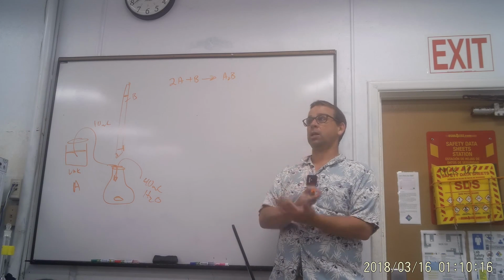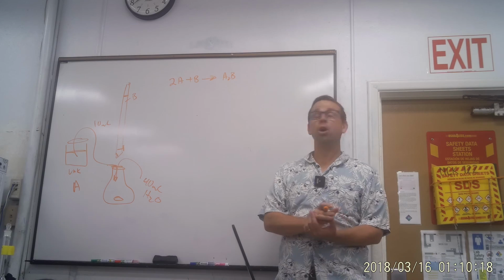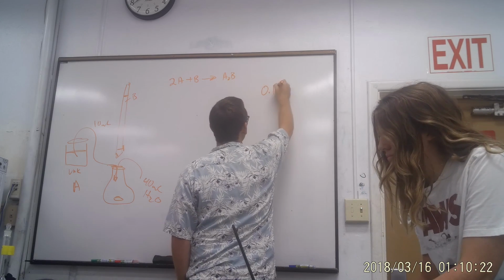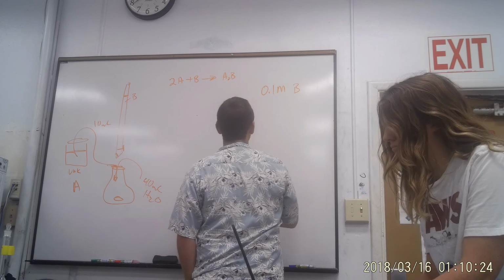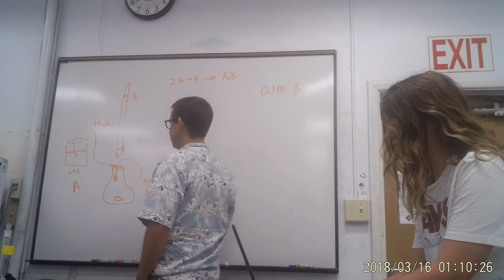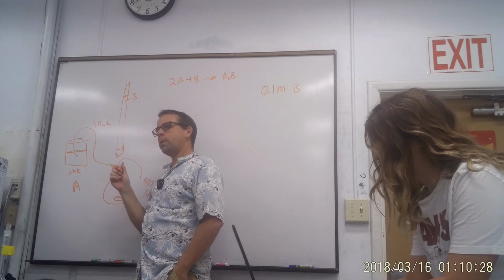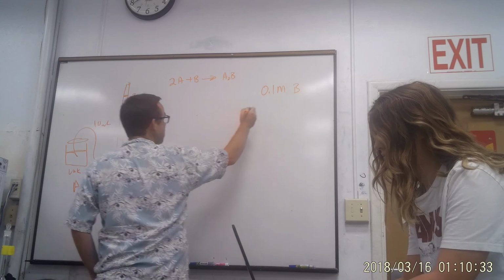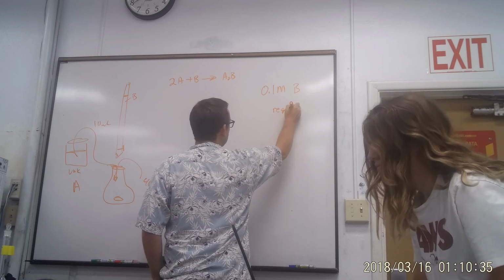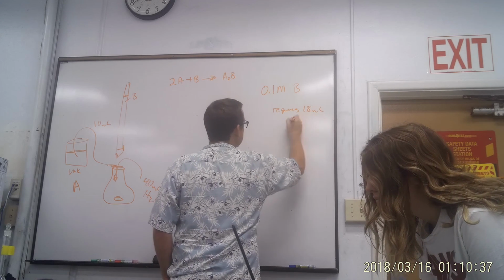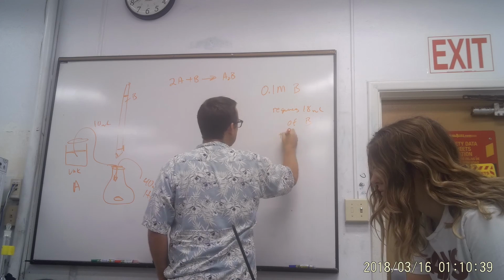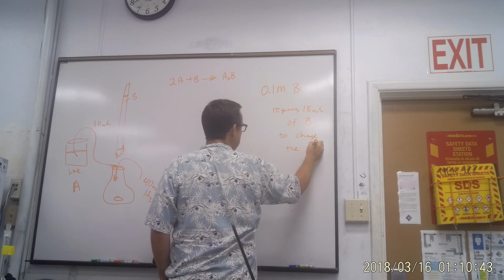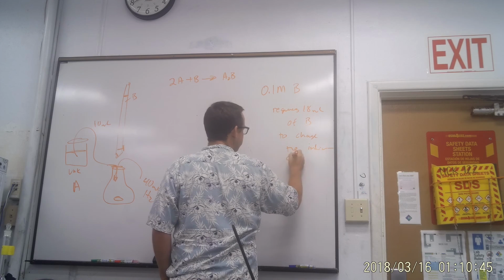That means we have to know the concentration of B. So let's say we have 0.1 molar B. All right. We perform the titration. It takes 18 milliliters of B to change the indicator's color.